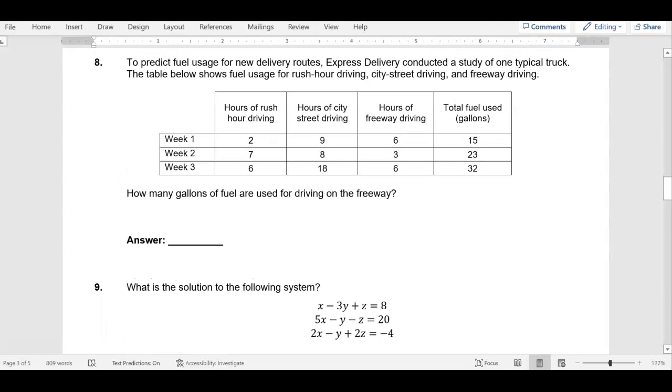Okay, to predict usage for new designs, they conduct a study on one typical truck. The table below shows fuel usage for rush hour driving, city street driving, freeway driving. How many gallons of fuel are used for driving on the freeway? All right, so you can think of this as a big old matrix.